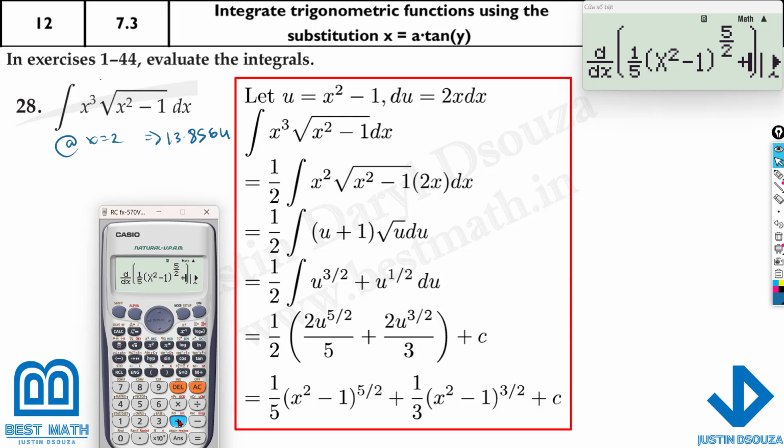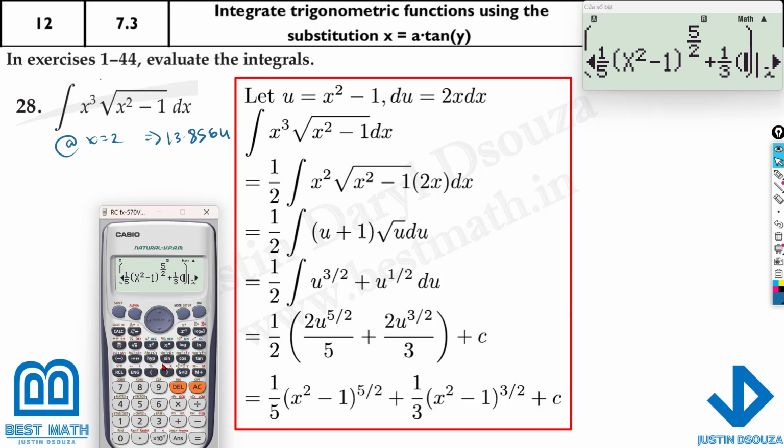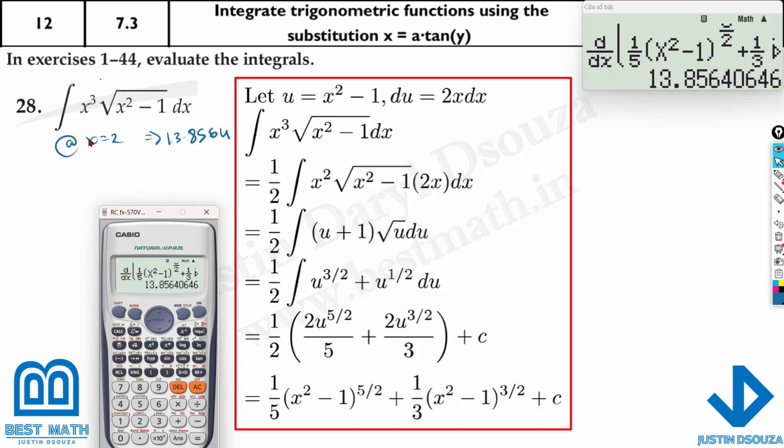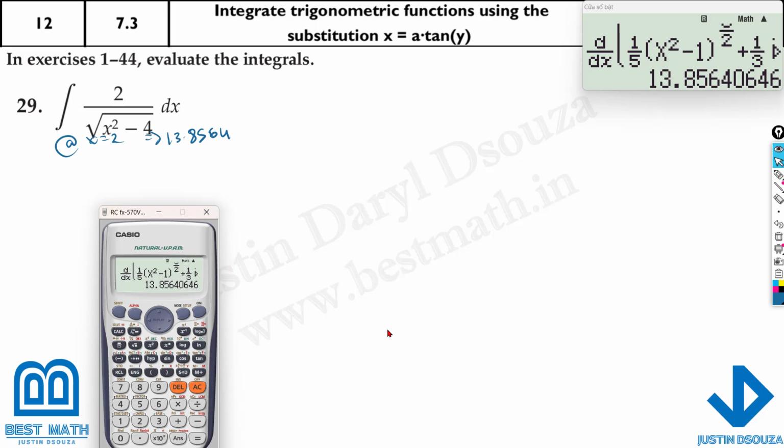And then add this up with 1/3, 1 by 3. And then we have x squared minus 1, close the bracket, to the power 3 divided by 2. And the x value is 2 here, because we assumed 2 initially. And the answer matches. Yes, it's 13.85.